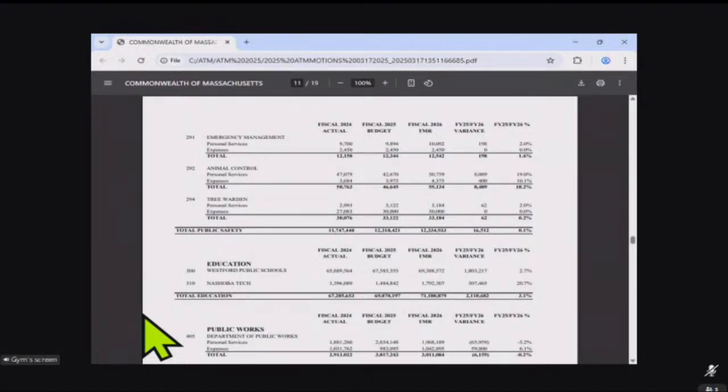Continuing, and under education, Westford Public Schools, $69,388,572. Neshoba Tech, $1,792,307. All right, let's stop there.